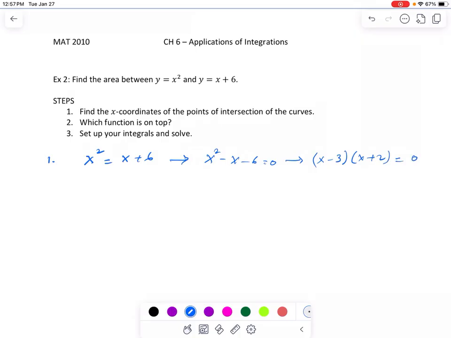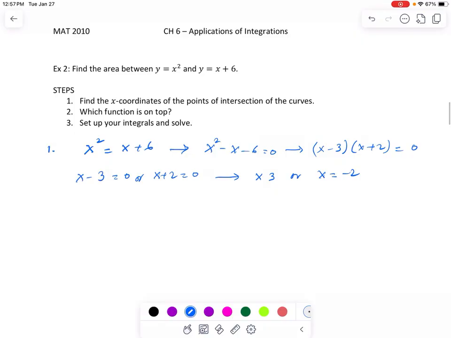Which gives me x minus 3 is 0 or x plus 2 is 0. Which gives us x is equal to 3 or x is equal to negative 2. So we got 2 points of intersection. It means one curve is above the other curve throughout this interval, so there will be only one integral.